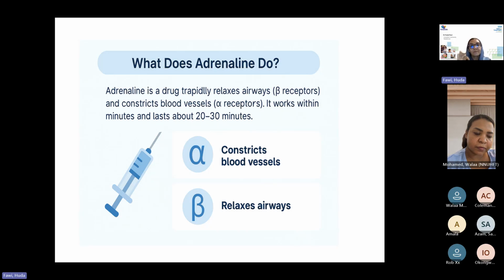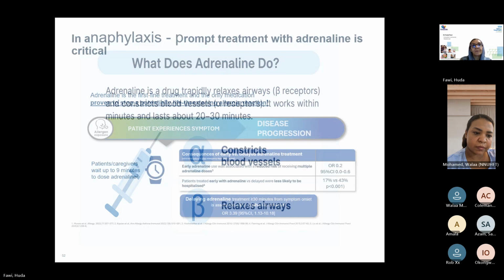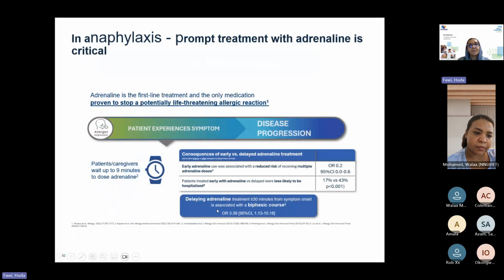It works within 2 to 5 minutes, and it lasts about 20 to 30 minutes. So in anaphylaxis, prompt treatment with adrenaline is critical. Adrenaline is the first line of treatment and the only medication proven to stop a potentially life-threatening allergic reaction.